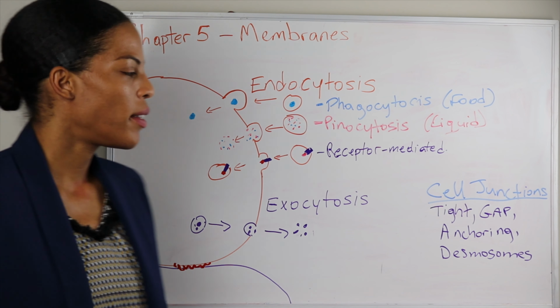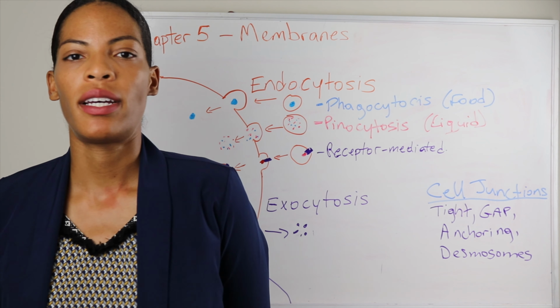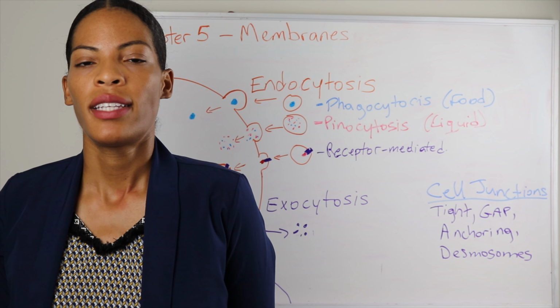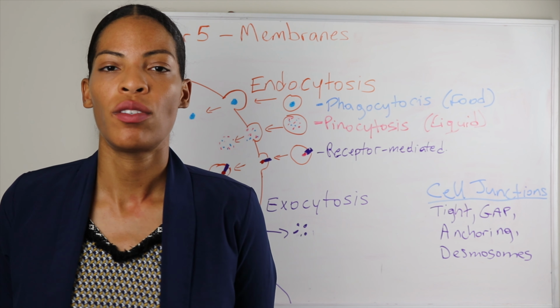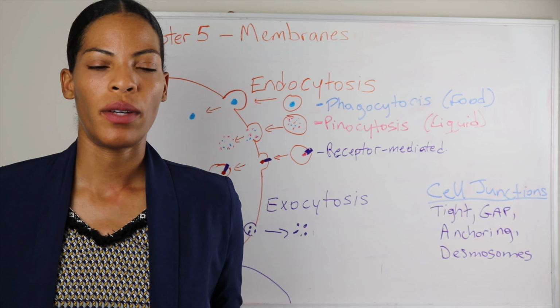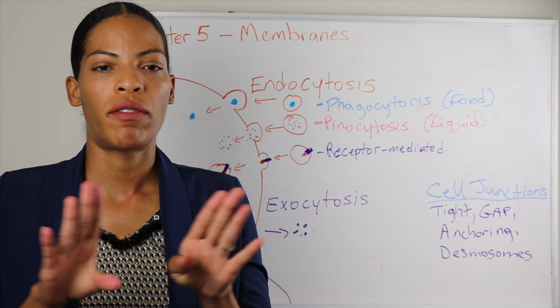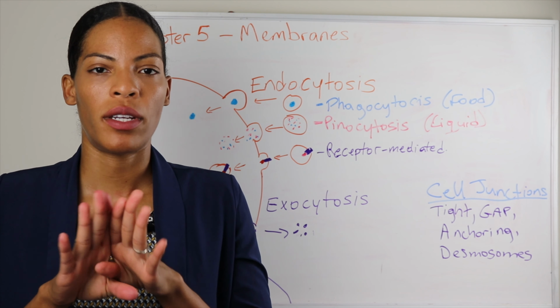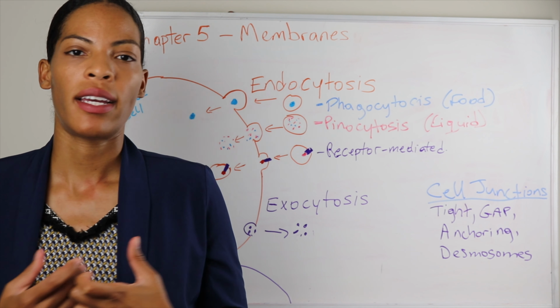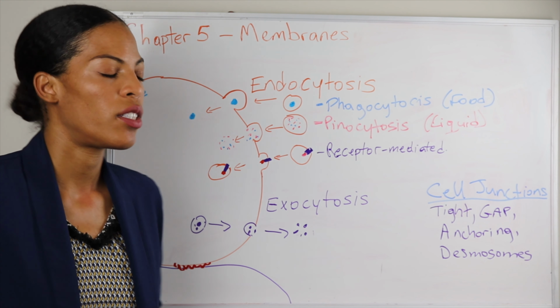All right, now other than that, the last thing to cover are cell junctions. And cell junctions are just a way that tissues form. So in a tissue, you have more than one type of cell next to each other that forms kind of a cell community. And so tissues form because cells are able to form connections with each other, and these connections are called cell junctions.